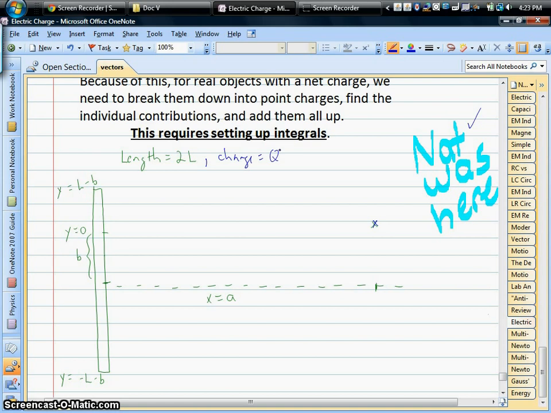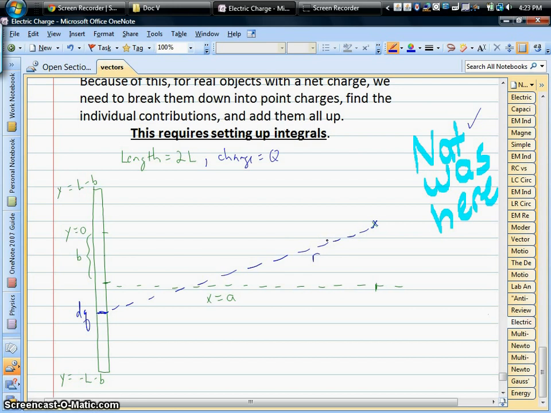So in this case, I guess the way we can approach it would be, imagine just an arbitrary point down here. Little chunk of the stick, we'll call it dq. Now that point is a certain distance away from where we're trying to find the voltage. Okay, that's the r.